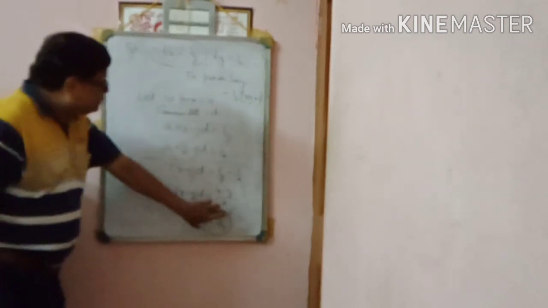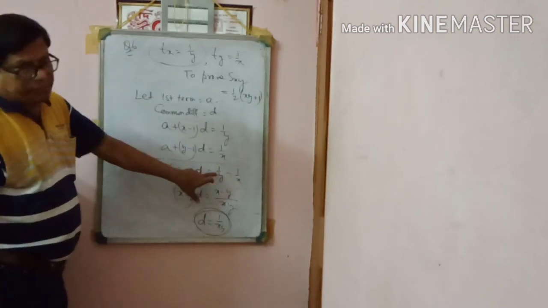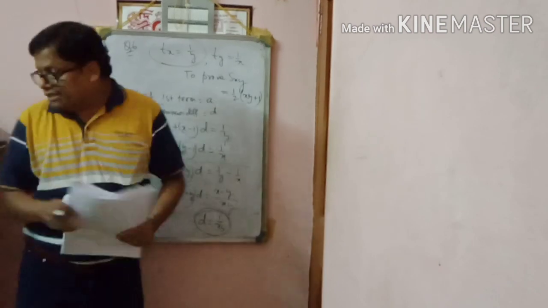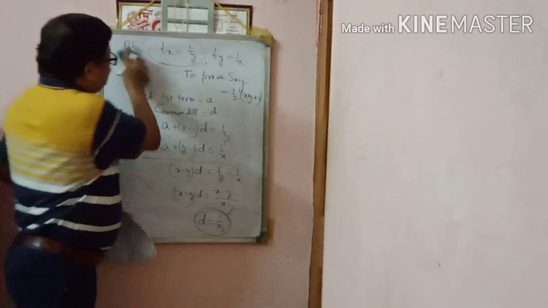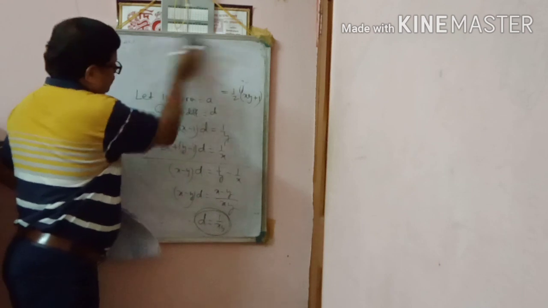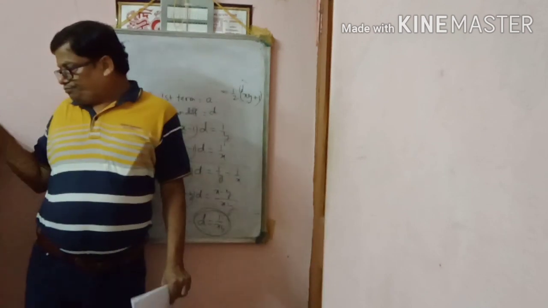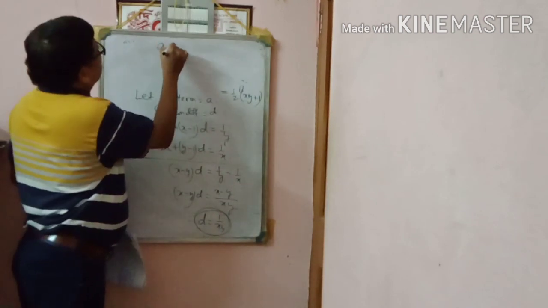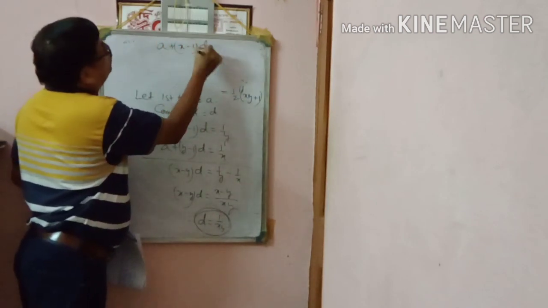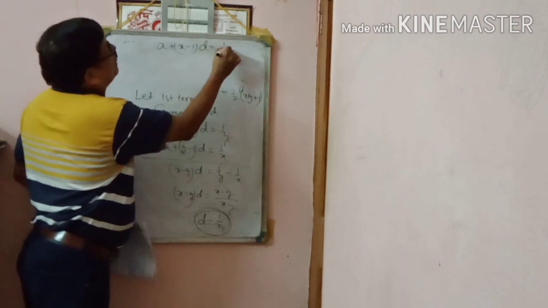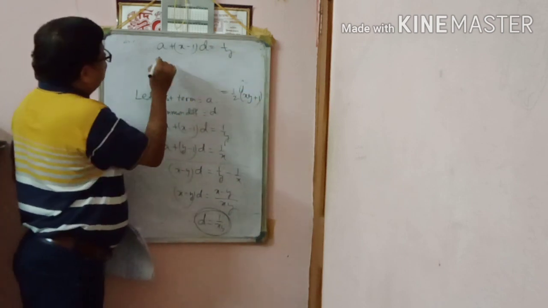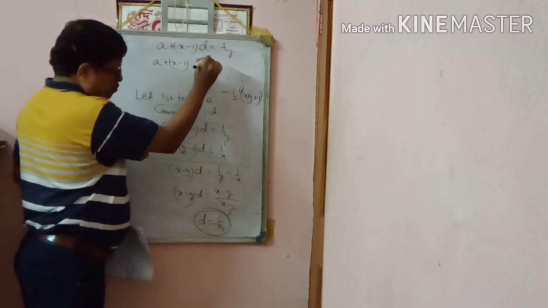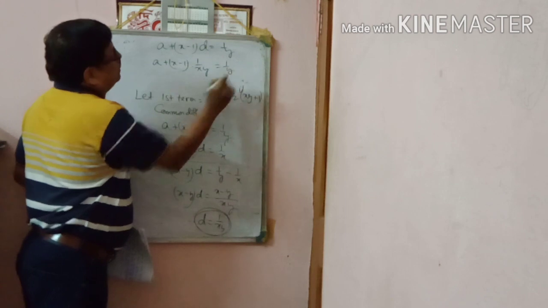Now these values we put in any one equation, either this equation or this equation. Say here, a plus (x minus 1) into d equals 1 by y. Thus we put the value: a plus (x minus 1) by xy equals 1 by y.